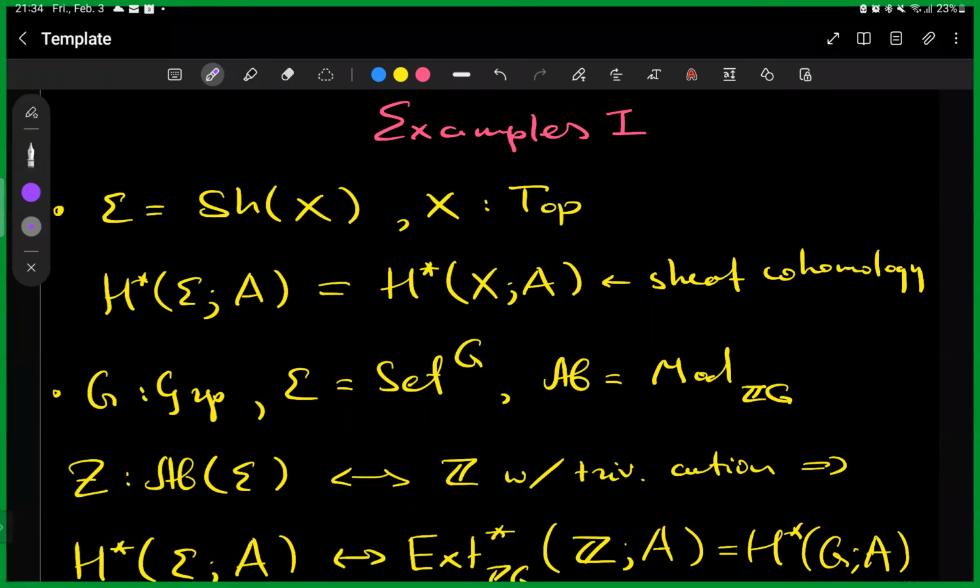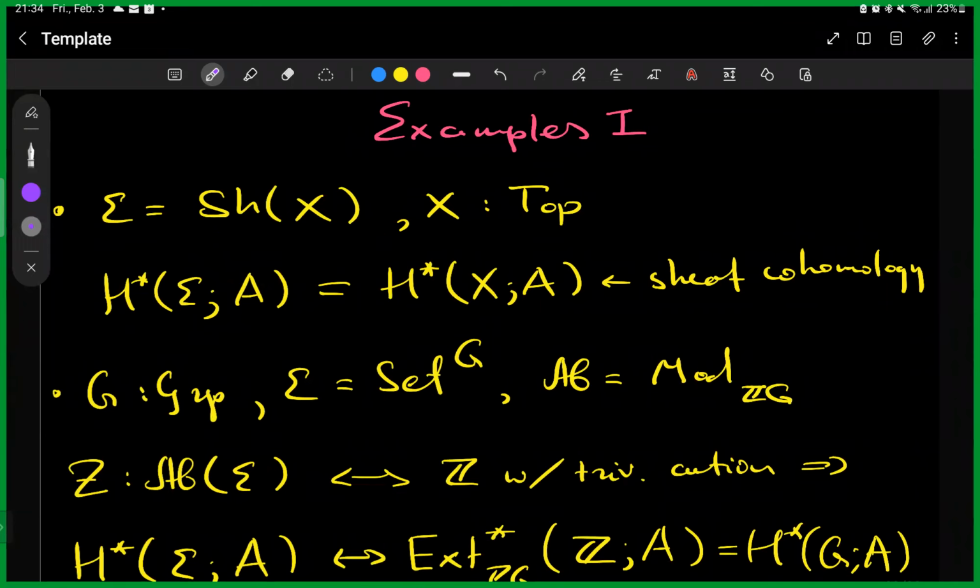Another example. Sorry, this is a sort of a theorem or exercise. Well, I guess it can be given the status of a lemma, but the proof is almost as I stated.